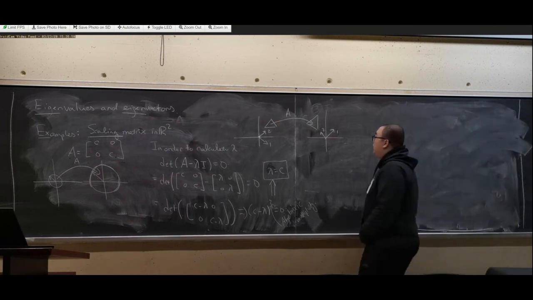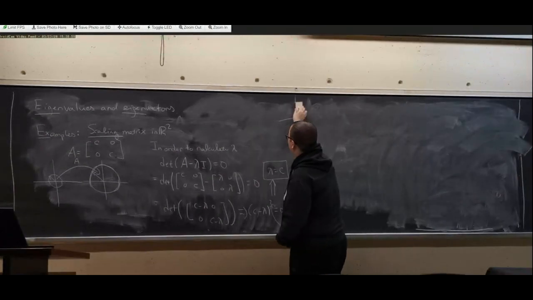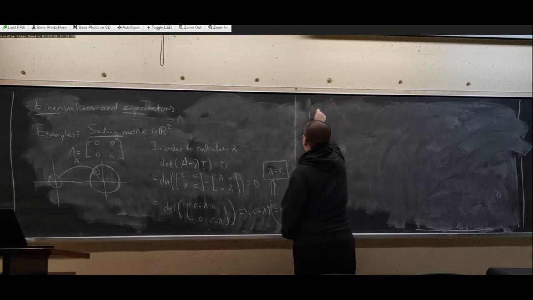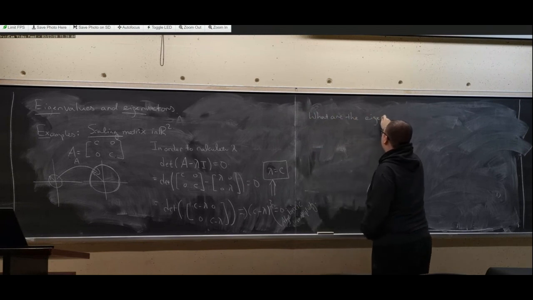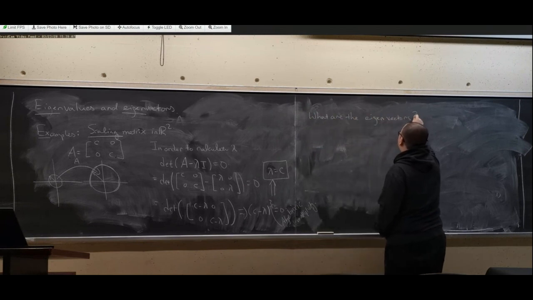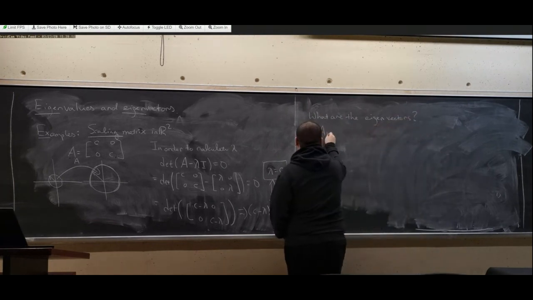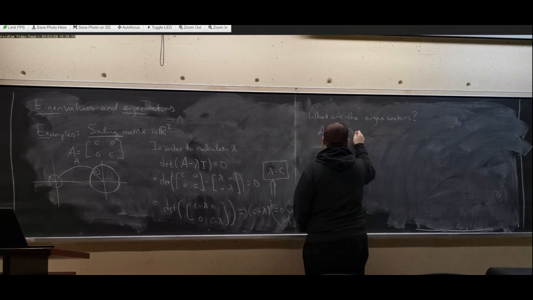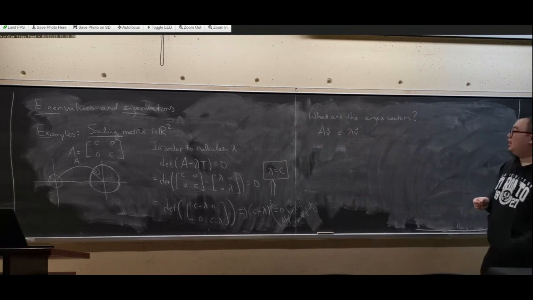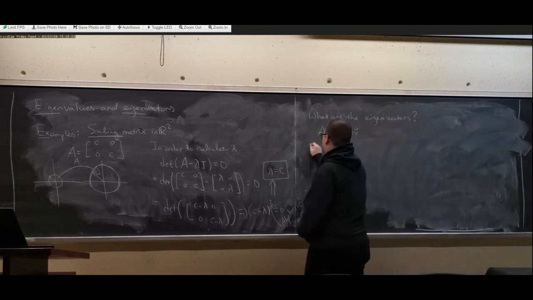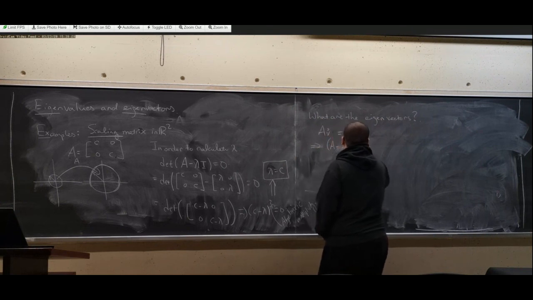What are the eigenvectors? When we calculate the eigenvectors, we're looking for all vectors v that satisfy this equation here. Or if we rearrange it a little bit, we have A minus lambda I times v equals 0.